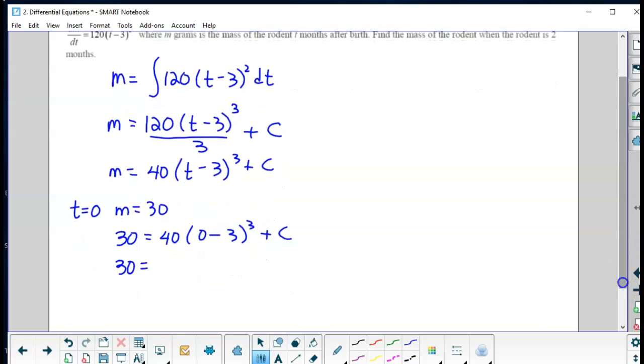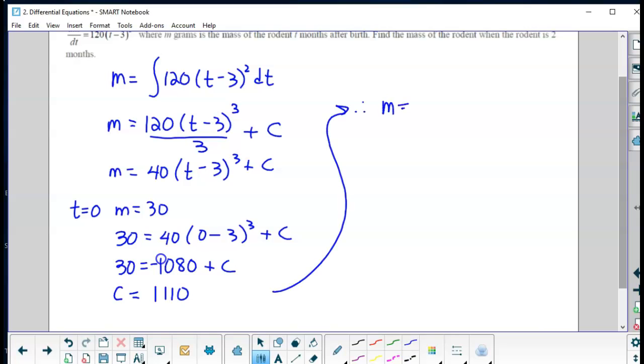So it's going to be 27 times 40, which is 1,080. It's going to be negative, because that was a negative 3, plus c. So c is 1,110. So therefore, your equation is m equals 40(t minus 3) cubed plus 1,110.